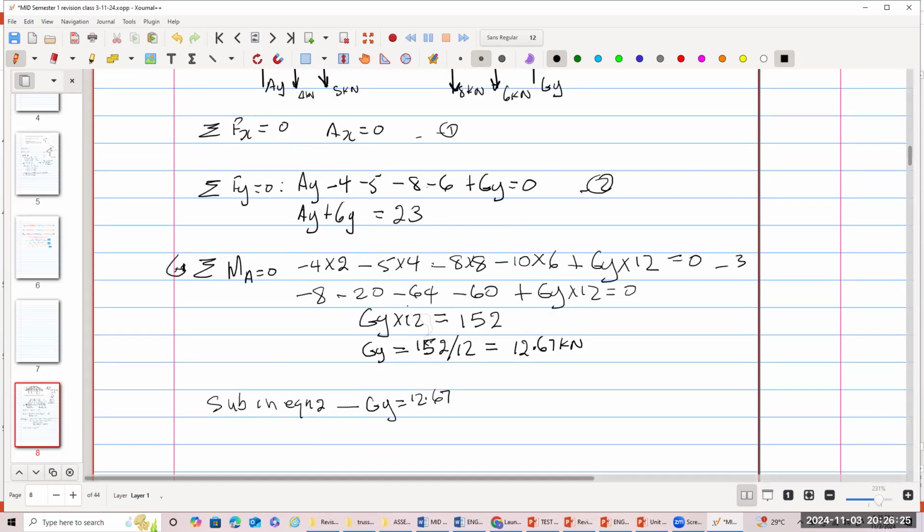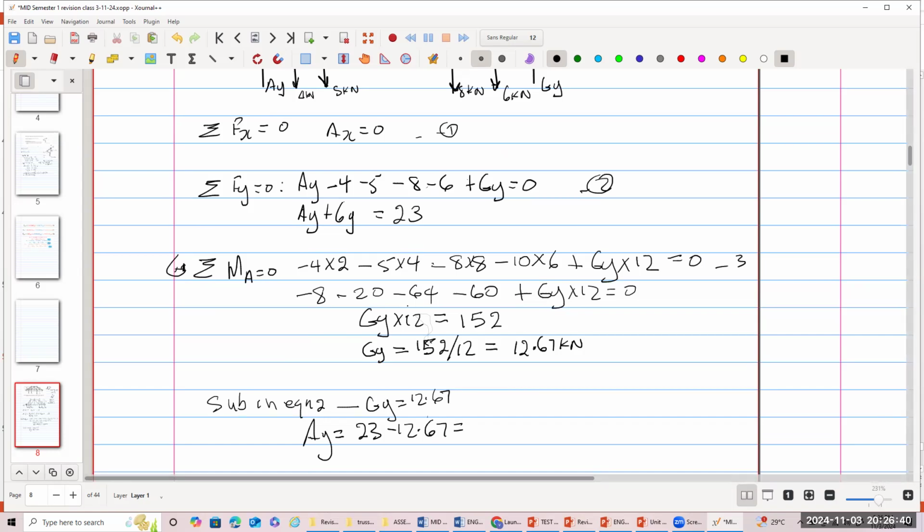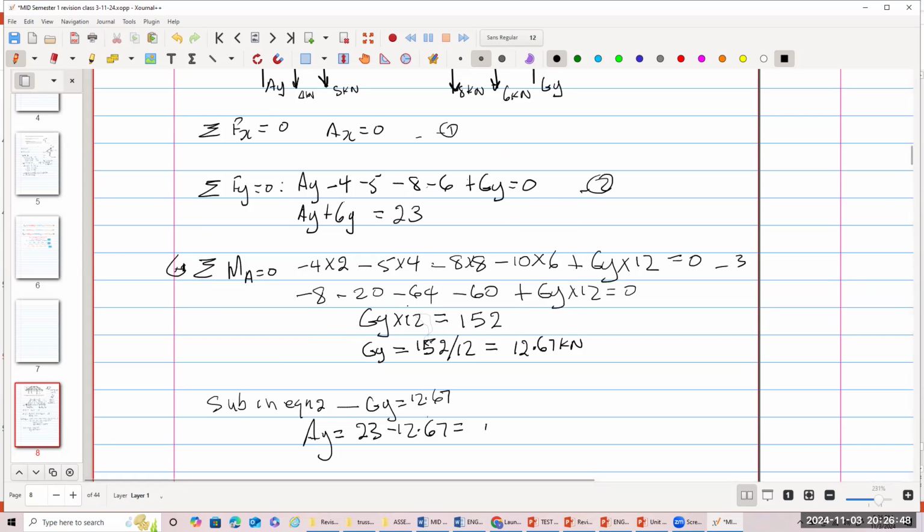You're supposed to be able to do these things by now. So AY is equals to 23 minus 12.67, which is equal to what now? 10.3. That's what you had said?